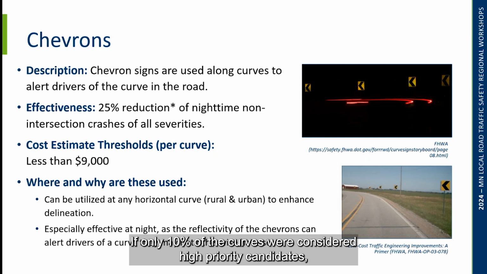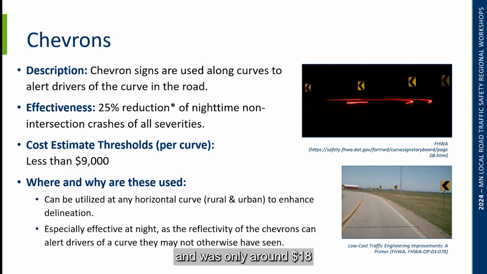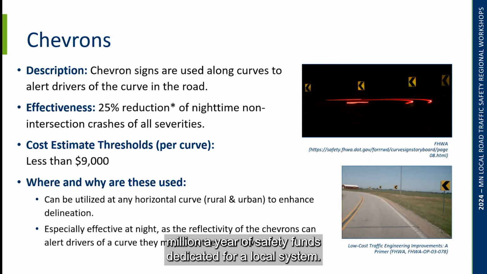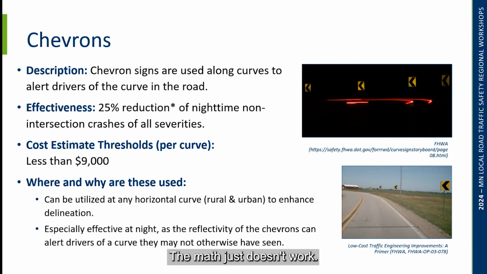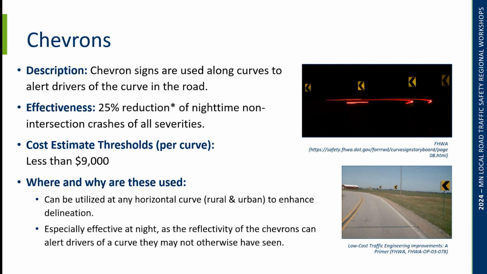If only 10% of the curves were considered high priority candidates, the construction cost would approach something on the order of $50 million. And with only around $18 million a year of safety funds dedicated for local system, the math just doesn't work. A less expensive solution to improving safety at curves had to be identified.